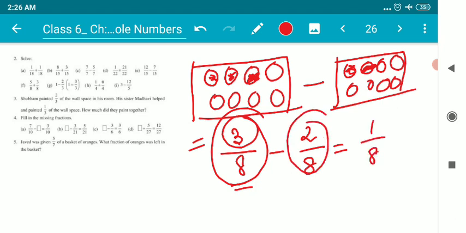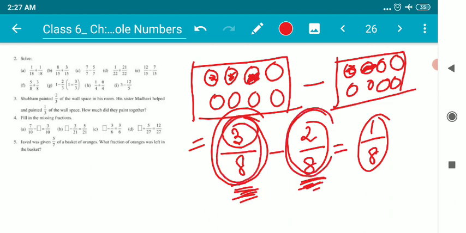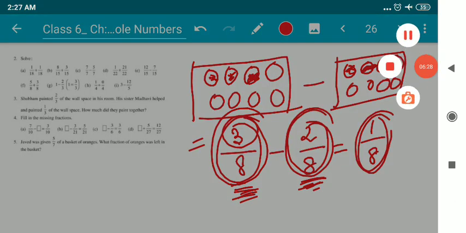Now a question may arise in your mind, sir, how could you write 1 by 8 so directly? I can do it directly because the denominators are the same. As the fractions have equal denominators, we can simply subtract the numerators and write the fraction. So 3 by 8 minus 2 by 8 results in 1 by 8.